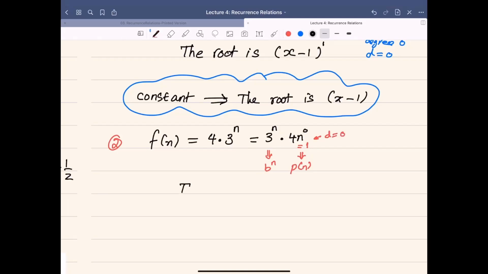So what will be the root? The root is (x minus b), and b is 3, raised to power 1, since the polynomial is of degree 0.